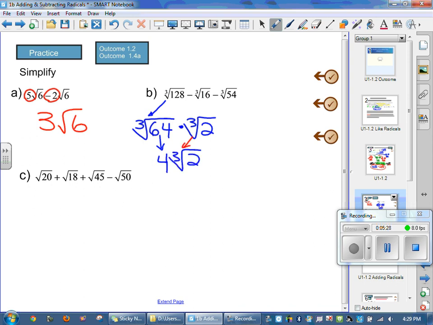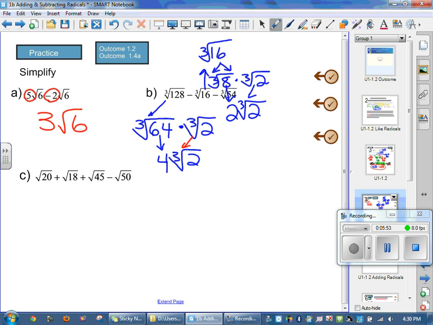Next, I'm going to take negative cube root 16. I'll just take the cube root 16, we'll subtract in a moment. So cube root 16 breaks down into cube root 8 times cube root 2. Cube root 8 is exactly a 2. I bring down my cube root 2 beside it.